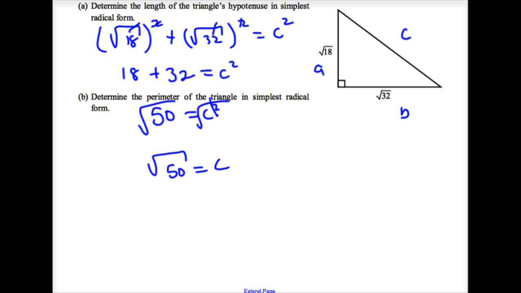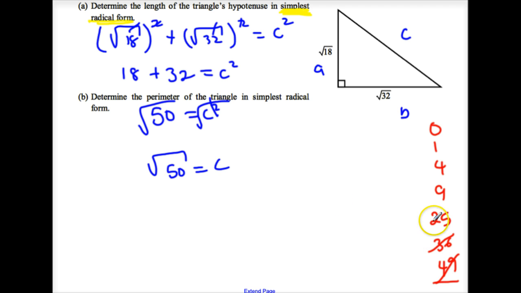But the question actually asked me for the simplest radical form. Simplest radical form. So I want to break this down. Again, I'm going to write my line: 0, 1, 4, 9, 25, 36, 49, and I'm going to stop because I know it's going to be somewhere here. Is 49 a factor of 50? No. Is 36 a factor of 50?